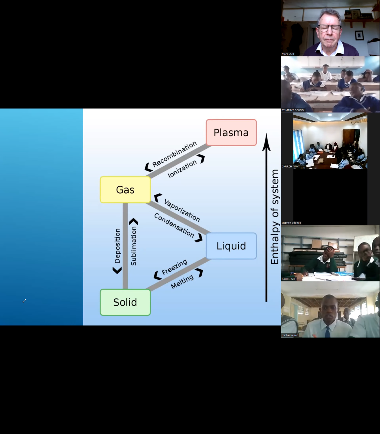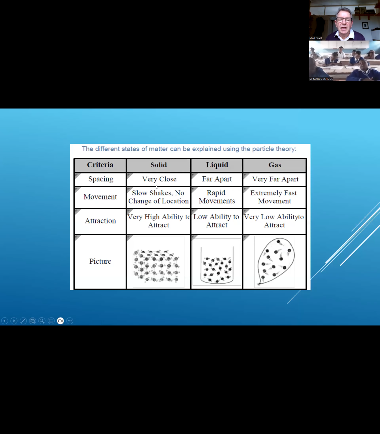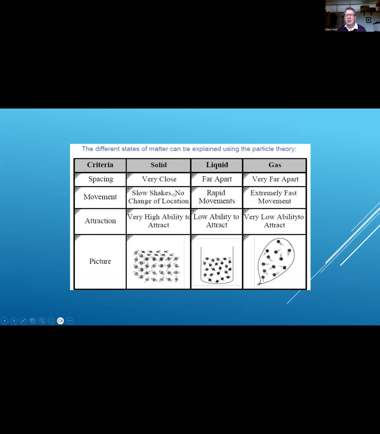Okay, moving on. Now this is important. If you've got a phone, you could always take a picture of this, but I'm going to talk it through because it's important that you can do this. We're going from solid to liquid to gas across the top, and I'm going to start with the pictures.